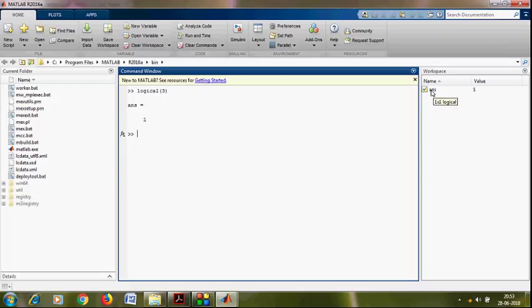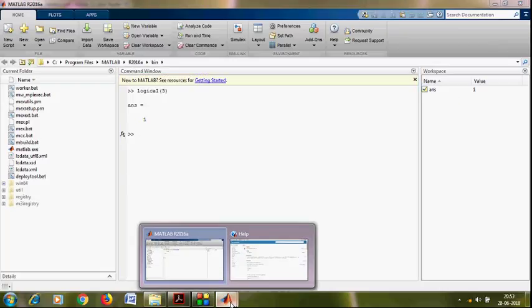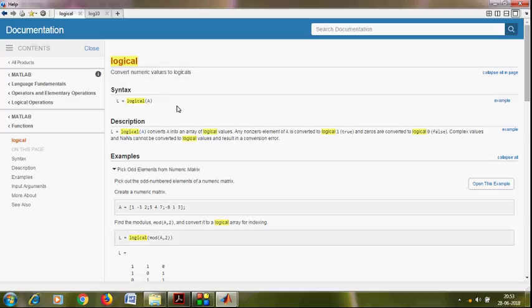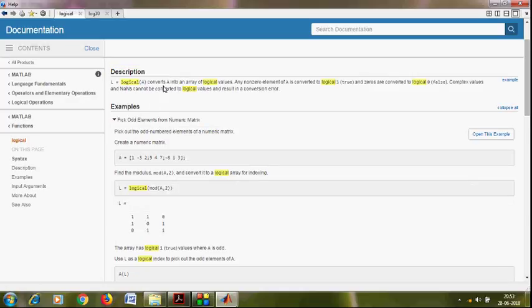So how do I understand? Let me go to help again. In the help, which I just kept open, it is clearly written that any non-zero element is considered as 1. If it is negative also, it is considered as 1, and 0 is considered as 0, and NaN and complex values throw you an error.